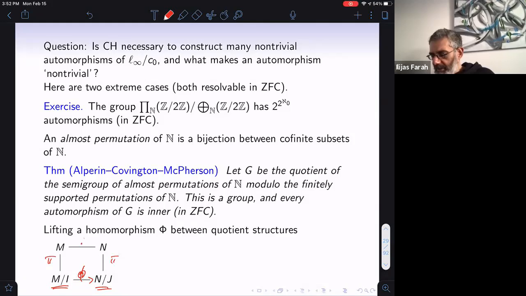Now what you want is to understand how this isomorphism can be lifted. Namely, how can you complete the diagram? It depends what restrictions you impose on this question mark here. If you don't impose anything except that the diagram commutes, you can just use the axiom of choice, and for each equivalence class, just choose a representative and find some function that sends M to N, so the diagram commutes.